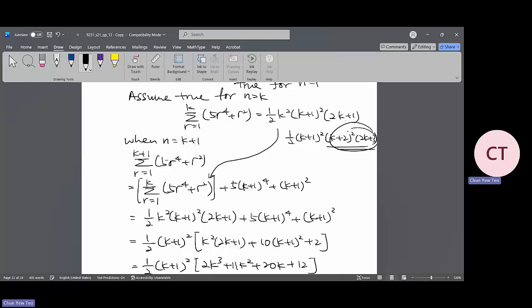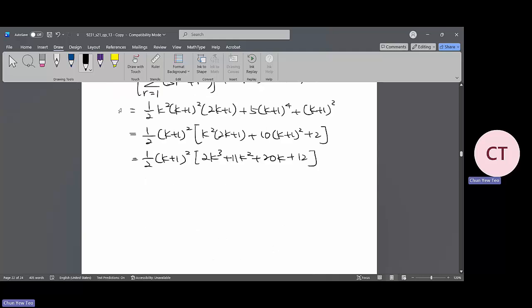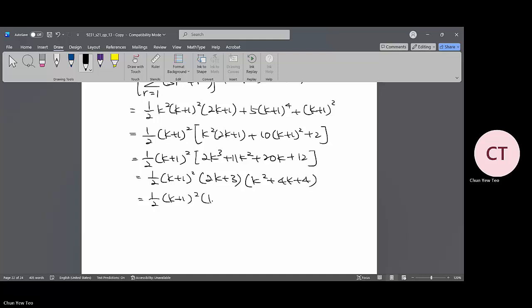So we are expecting the last part of the expression over here will be the product of (k+2)² multiplied by (2k+3). So we can know like that. Then we have k² + 4k + 4. So this is (k+2)² multiplied by (2k+3).